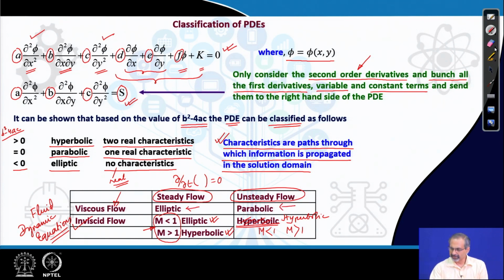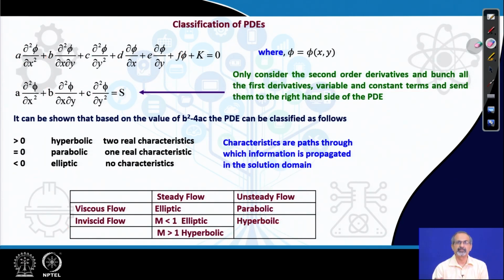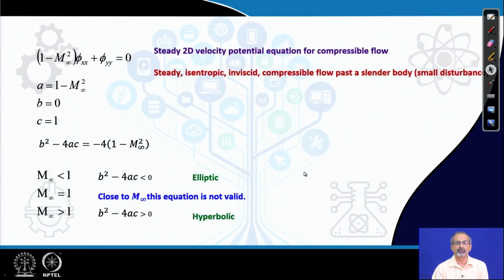So, depending on the kind of equations that we are handling, there are differences in the way the fluid dynamic equations behave, and therefore, obviously, when we talk about numerical schemes in computational aerodynamics, then the numerical schemes will differ.